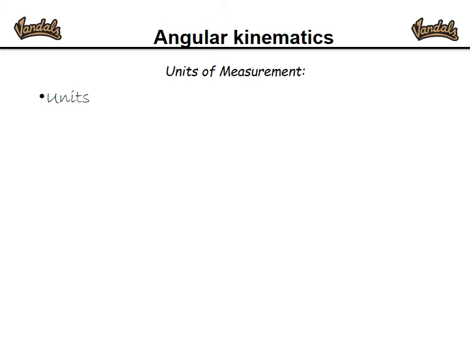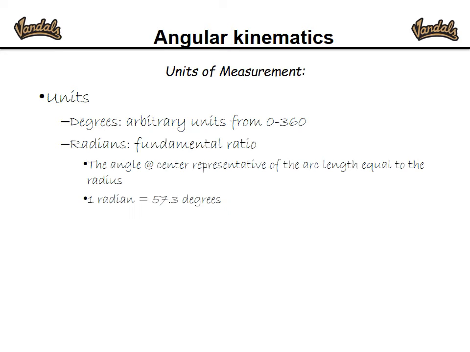Now let's talk about the units of measurement. This is going to be very important going forward, because there are 3 different units of measurement that we can incorporate here. The most common is degrees. It's a very arbitrary unit from 0 to 360 degrees, and we'll talk about how you know positive and negative. Then we have radians. This is going to be a fundamental ratio.